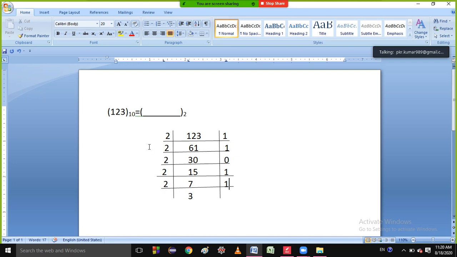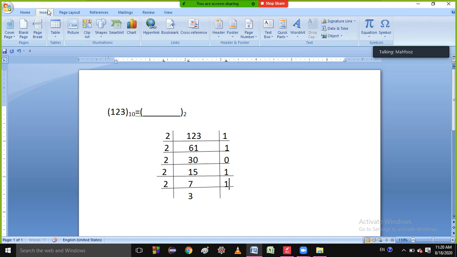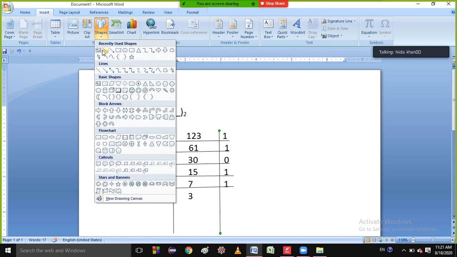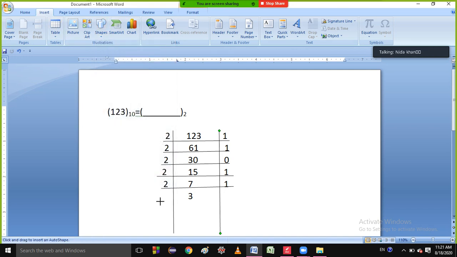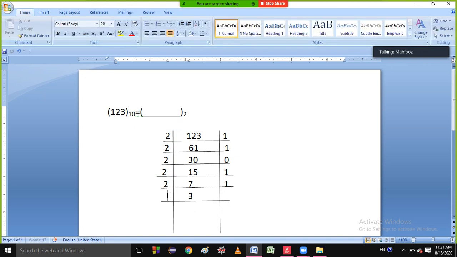What is the remainder? Okay, just increase the size again. Then how many times does it go? 2 times. What is the remainder?